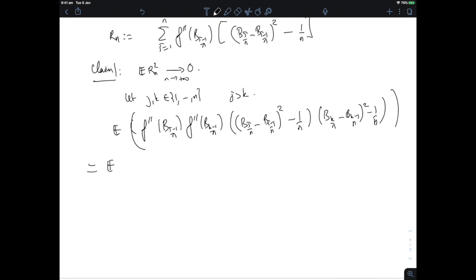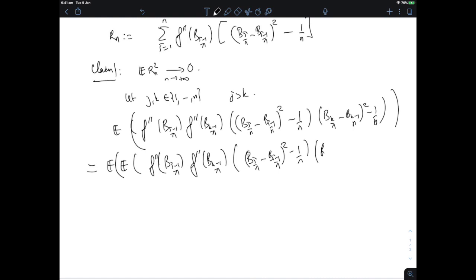Most terms will be measurable with respect to F_{(j-1)/n}, but not all of them. So I take the expectation of the conditional expectation of this gigantic thing, conditioning on F_{(j-1)/n}.